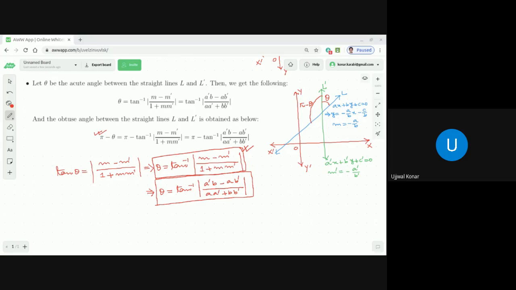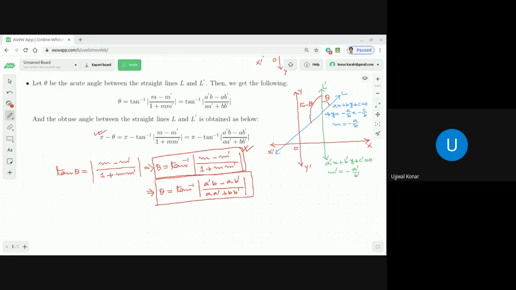Now the next point we are going to discuss is called the point of intersection of the two straight lines L and L dash.